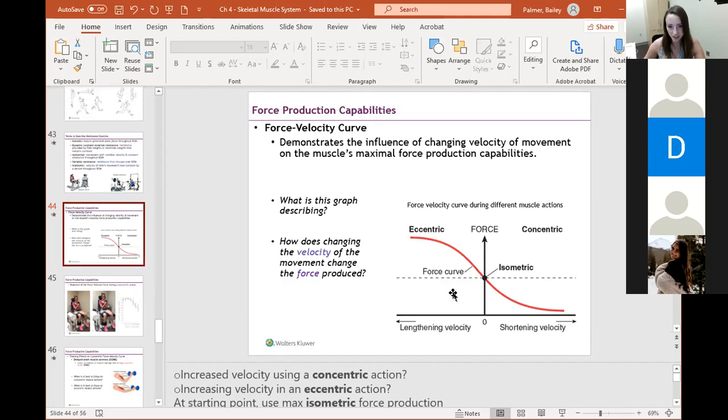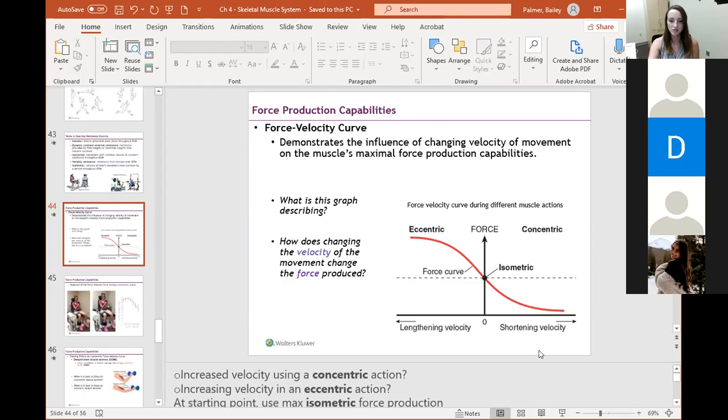In this picture, we're looking at eccentric versus concentric force production during a shortening velocity or a lengthening velocity. Let's take the concentric part first. We know concentric is shortening. The best way to think of that is a bicep curl. That muscle is going to shorten.